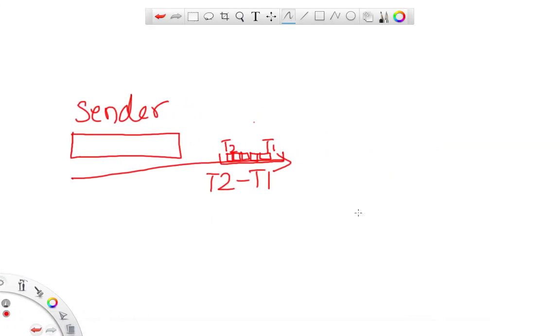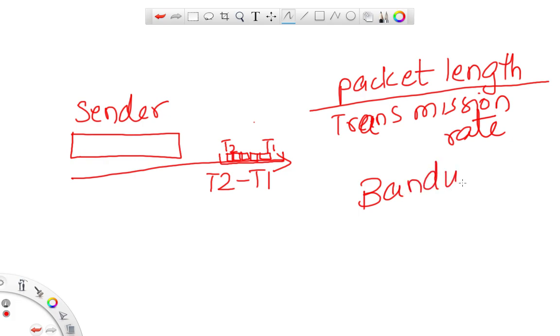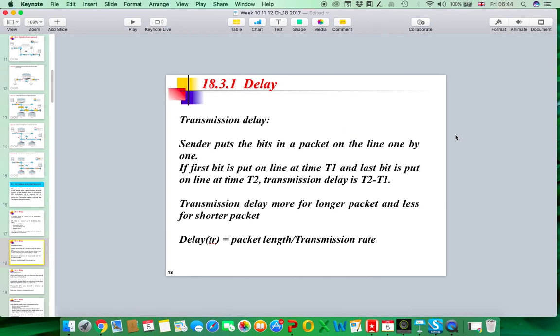So you will have here packet length, which is the size of the packet in bits, divided by the transmission rate or the bandwidth. It's also called the bandwidth, bits per second. Okay, so this is about transmission delay.